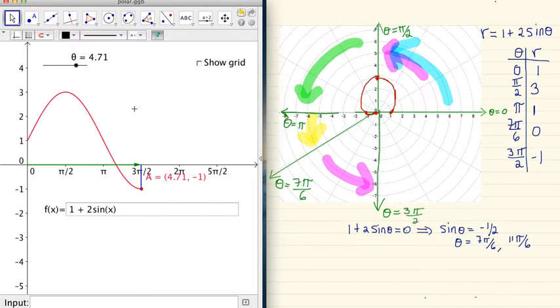But because r is negative 1, the point is going to be 1 unit along the positive y-axis, so over here. And I'm going to be drawing my curve in the pink, through the pink angles in quadrant 1, like that.